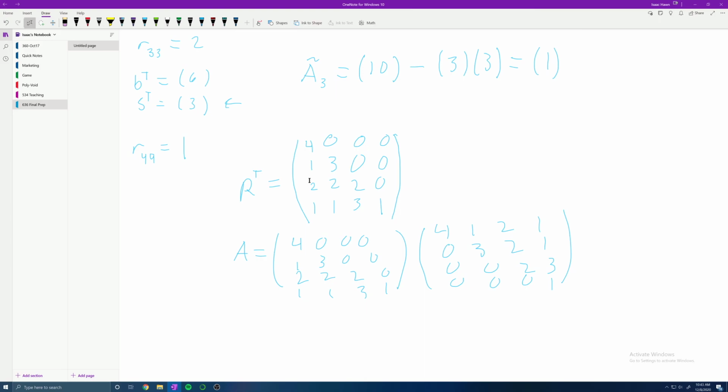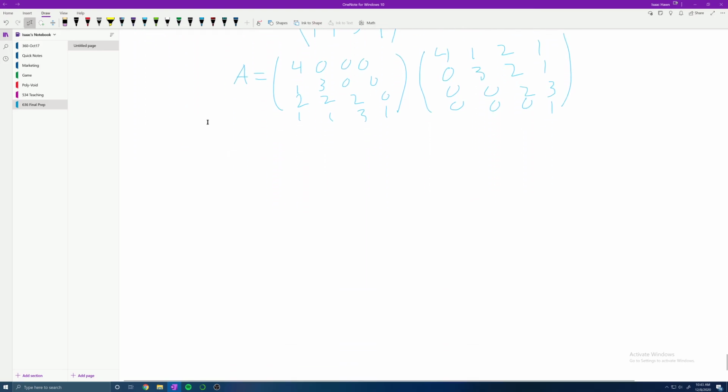So let's do a different method. Let's do the bordered form method. And there's probably other methods too. I'm just going to be going over these two right now. So let's rewrite our matrix A in purple here so we know what we're doing.